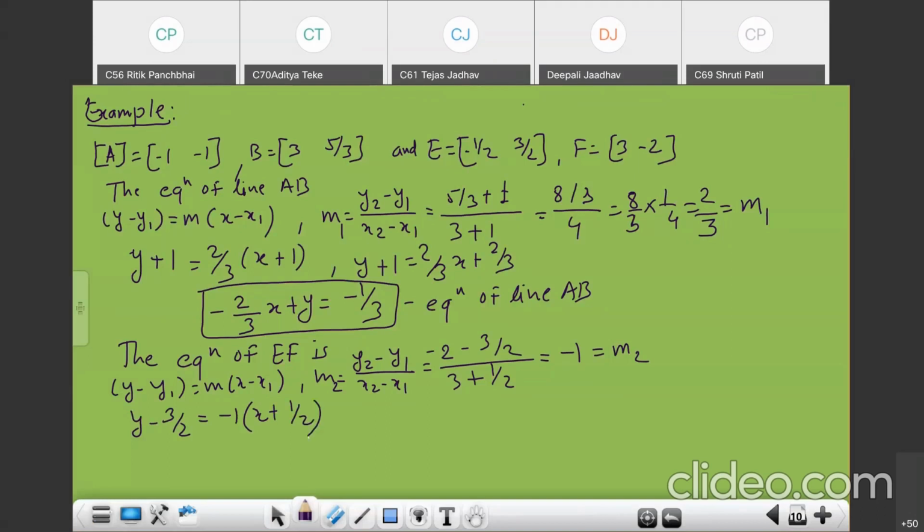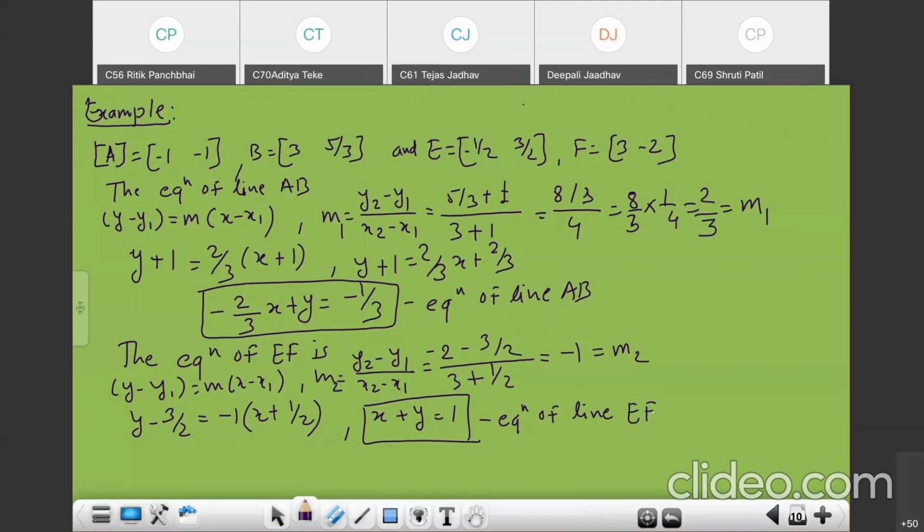After calculation and simplification, it is x plus y is equal to 1. That is the equation of line EF. First we need to find the equation of both lines.